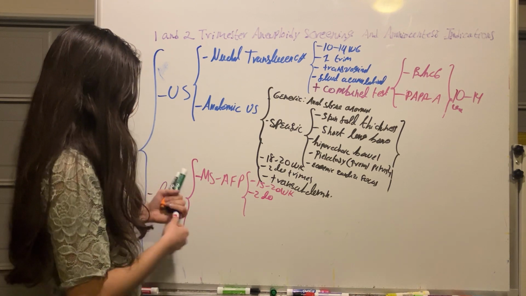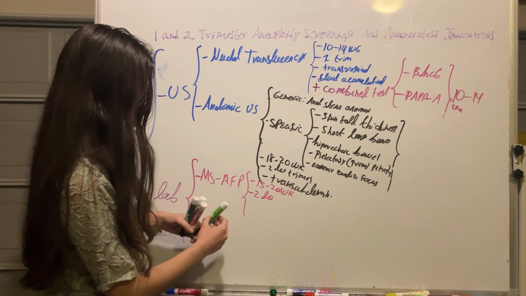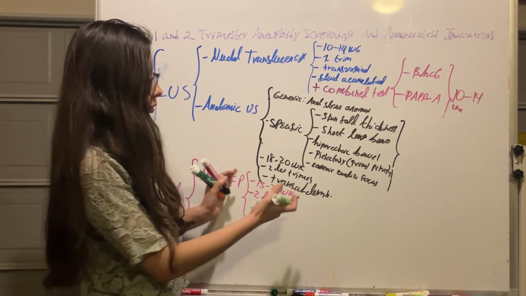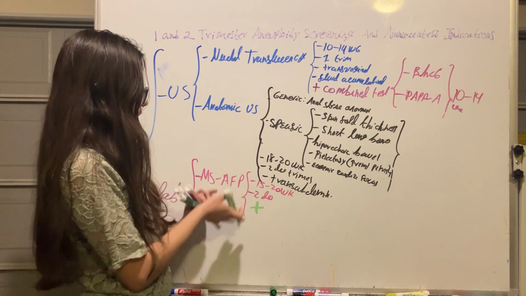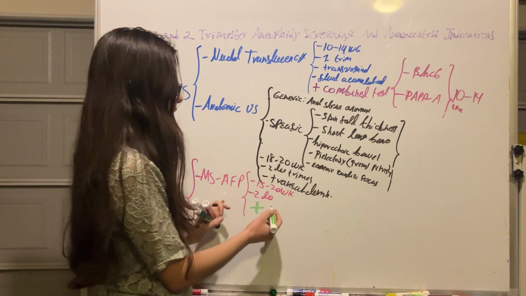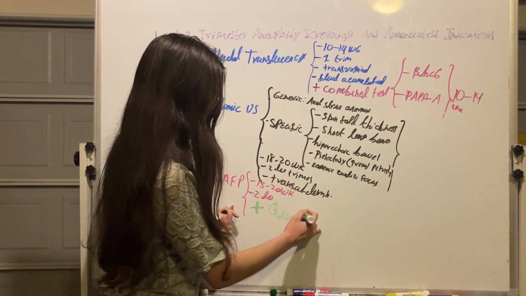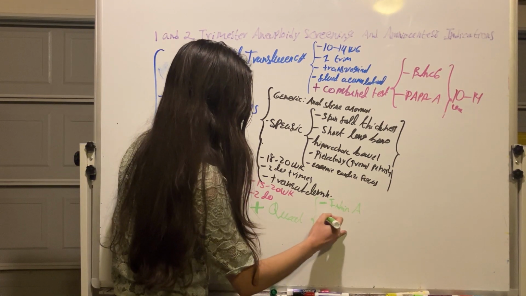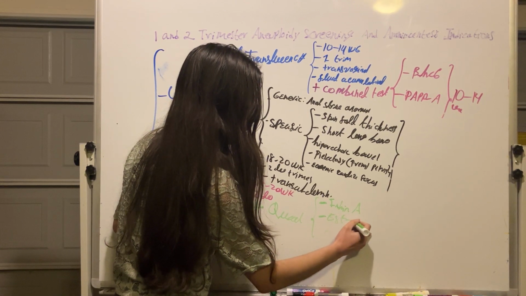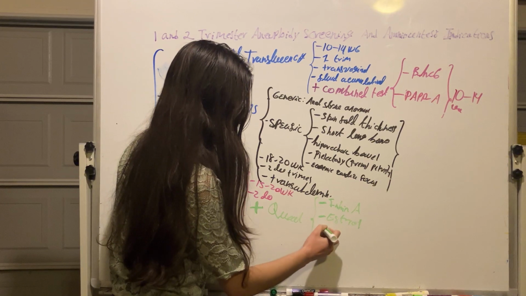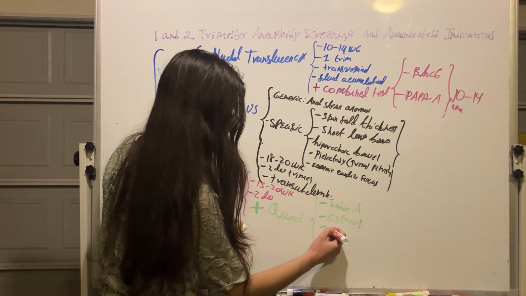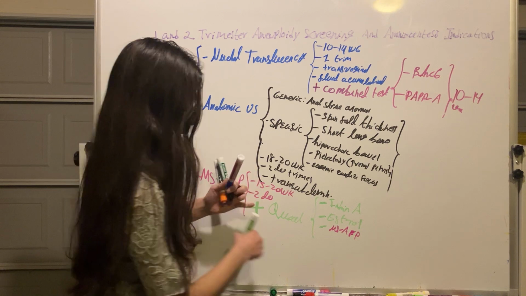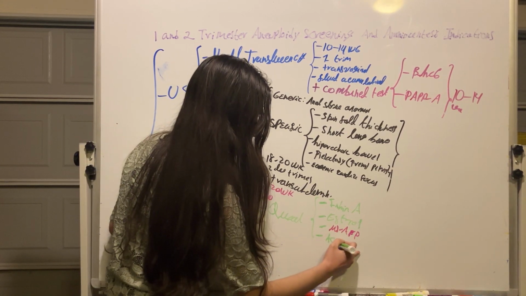And we can combine this, I don't want to say combine because you might be confused with the words, but if besides measuring maternal serum alpha fetoprotein, we also measure inhibin A, unconjugated estriol, maternal serum alpha fetoprotein, and human chorionic gonadotropin.